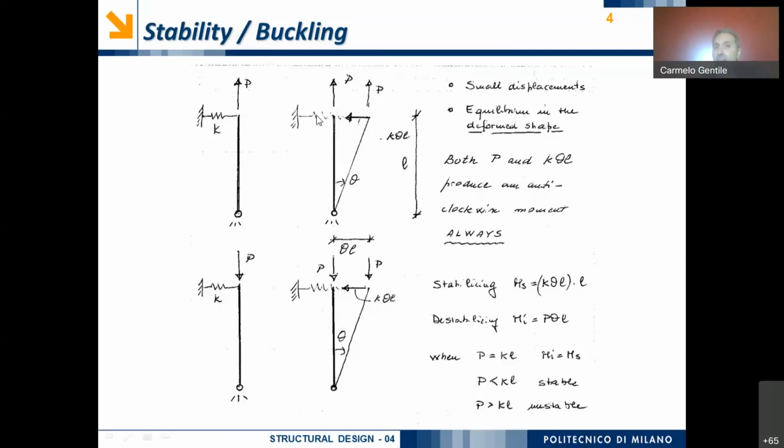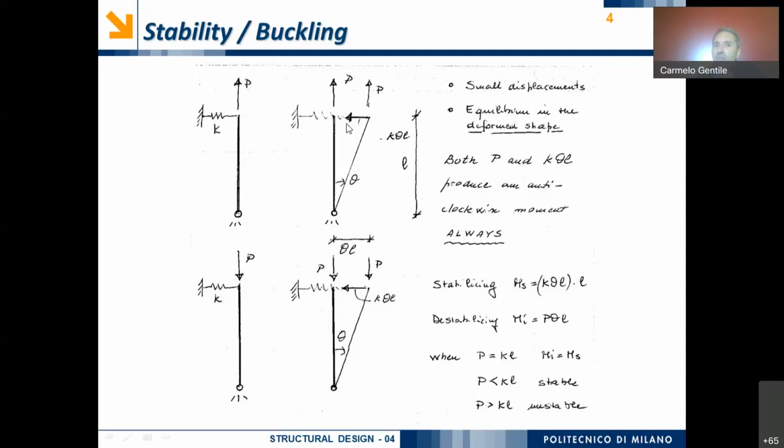And let's apply a small perturbation. A small perturbation means I move this beam by a small angle theta from its vertical equilibrium position. What happens? Of course, the spring undergoes an elongation, and due to this elongation, there is a force opposing it.